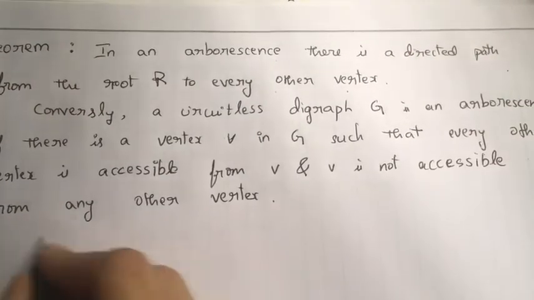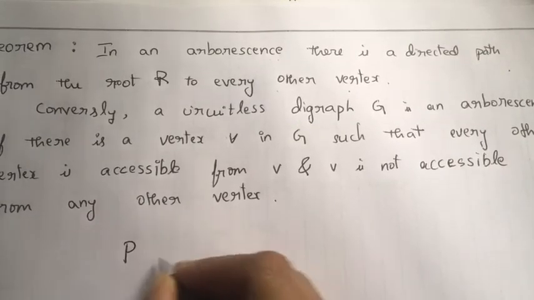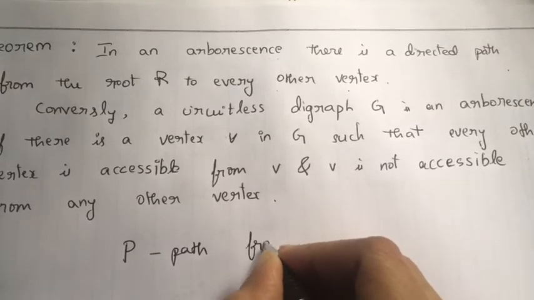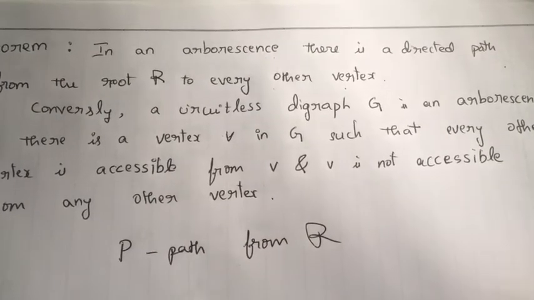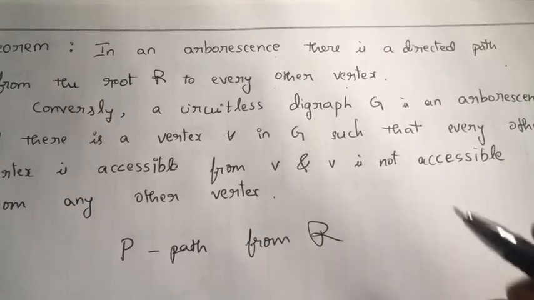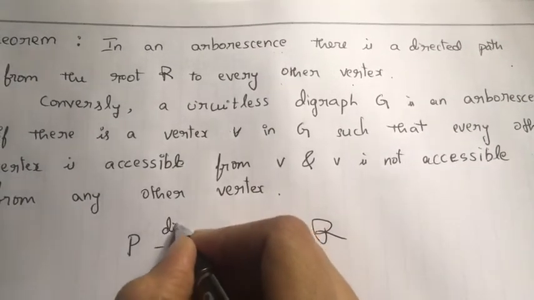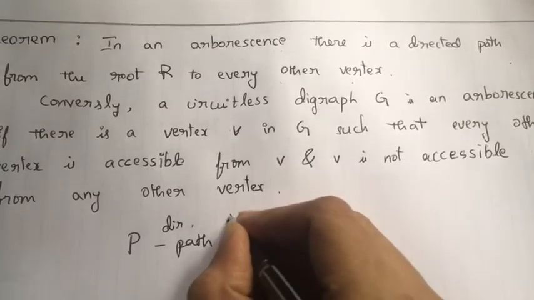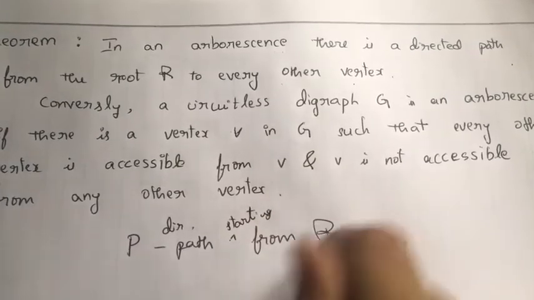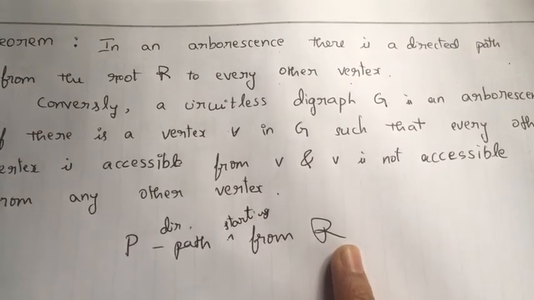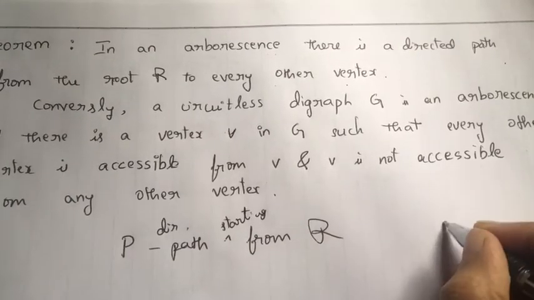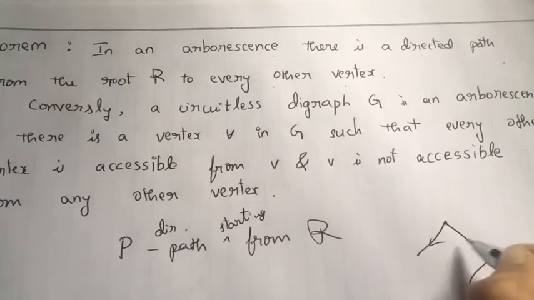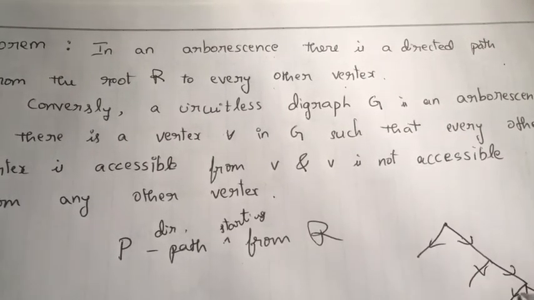See, let me take a path P starting from root R. In an arborescence, consider a directed path P starting from the root R, and I'm continuing this. Suppose this is the graph, for example.